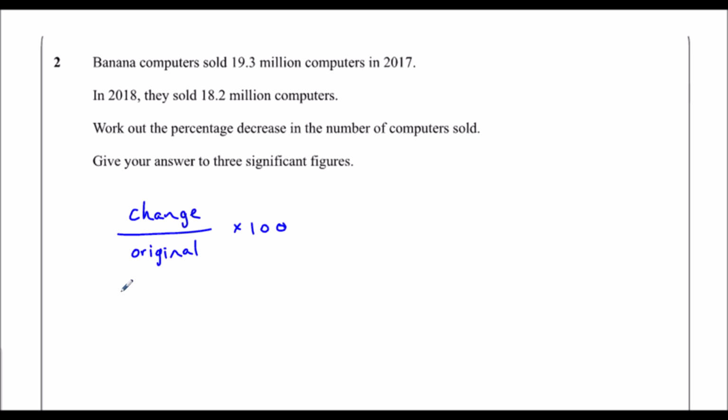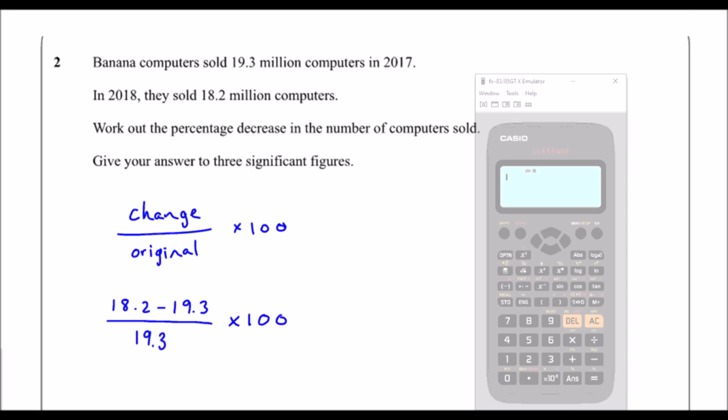So that's 18.2 take away 19.3. If you do these the other way around, it will just mean instead of getting a negative answer, you get a positive answer. Over the original, so that's the 2017, that's the 19.3. Then times 100. So change over original times 100.